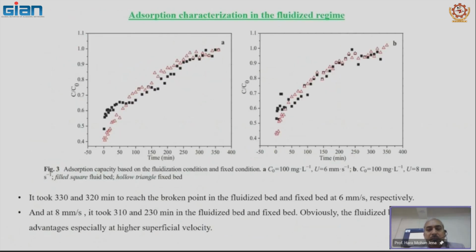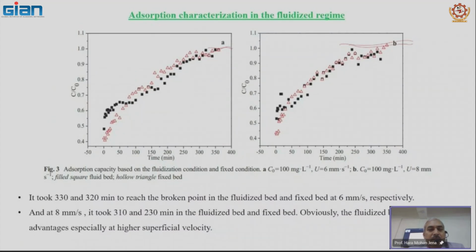Then this is the phenol removal. Almost you see that it is reaching the value of 100% removal for this phenol removal.